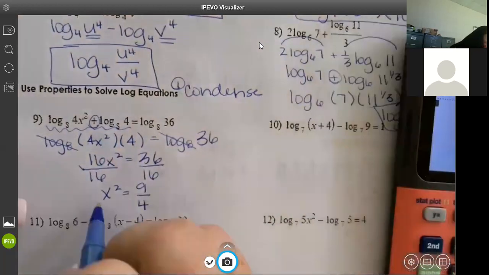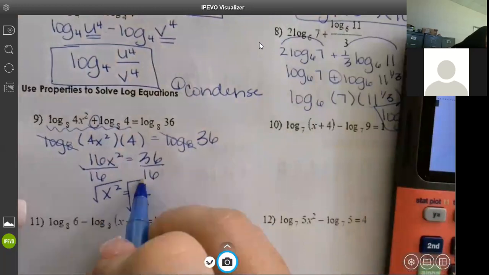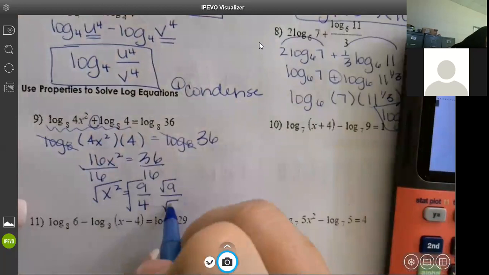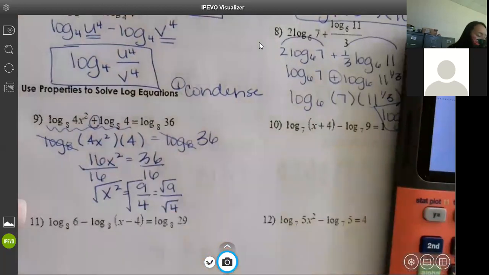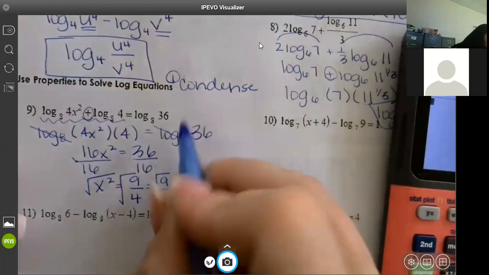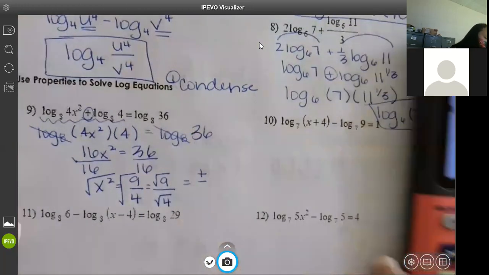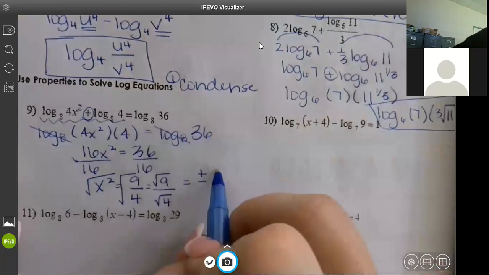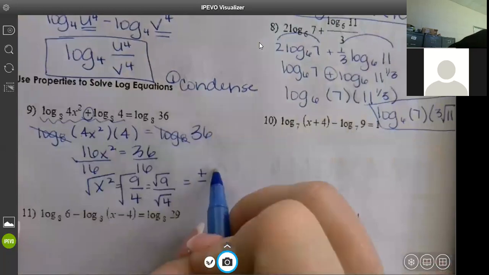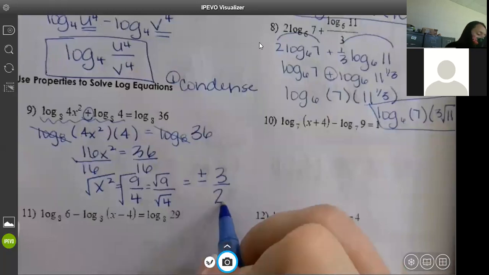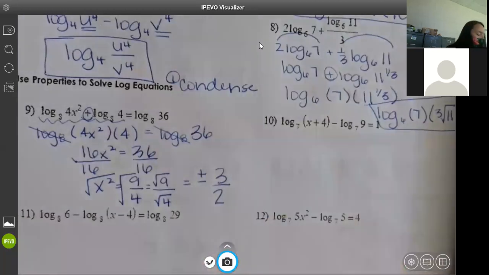When we square root a fraction, we're actually square rooting the top and the bottom. And remember, I'm always going to have a positive and a negative. What's the square root of 9? 3. What's the square root of 4? 2.